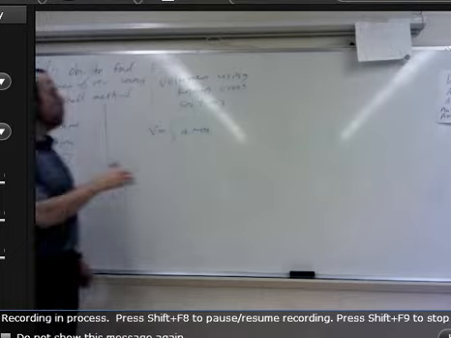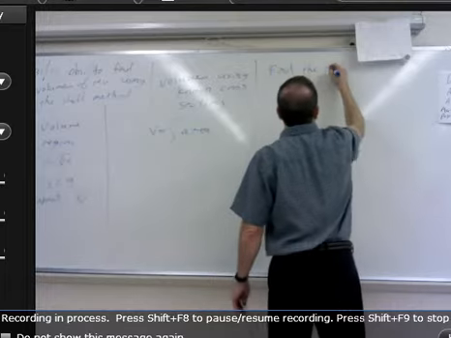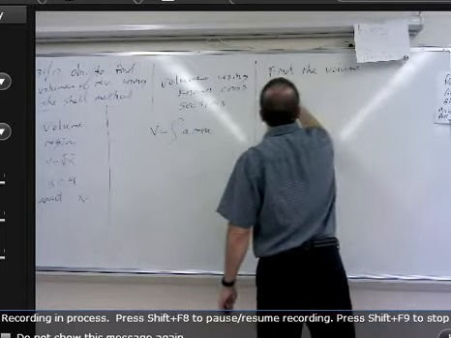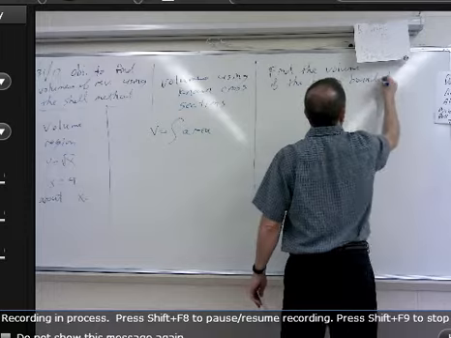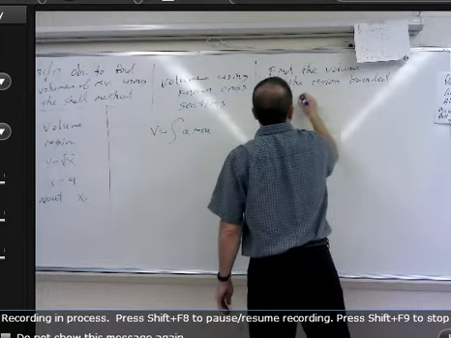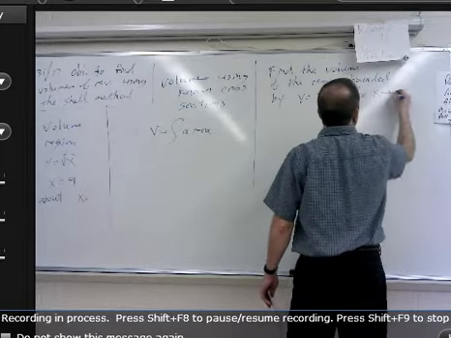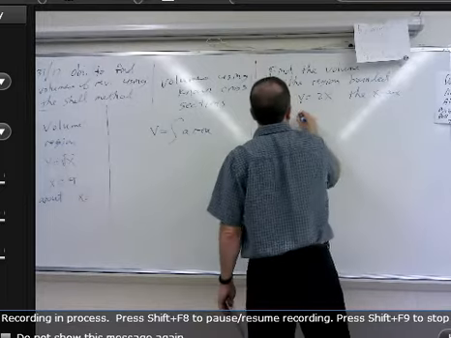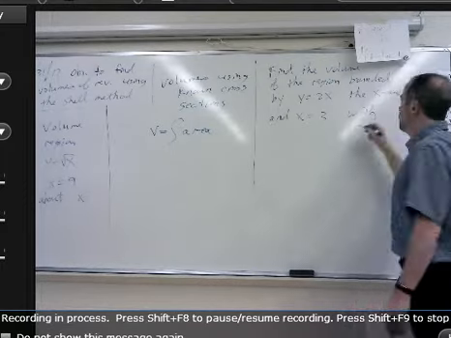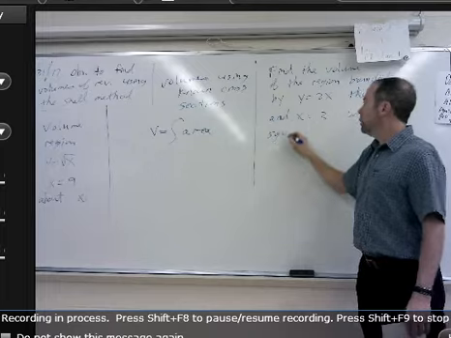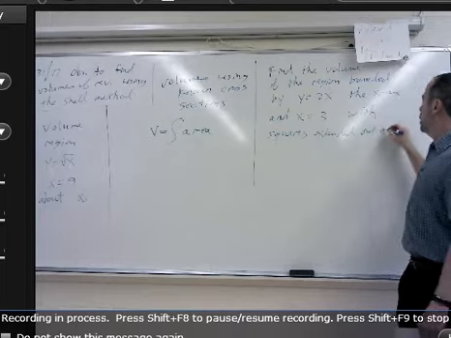So let's say that we wanted to find the volume of the region bounded by y equals 2x, the x-axis, and x equals 3, with squares extended out of the region.